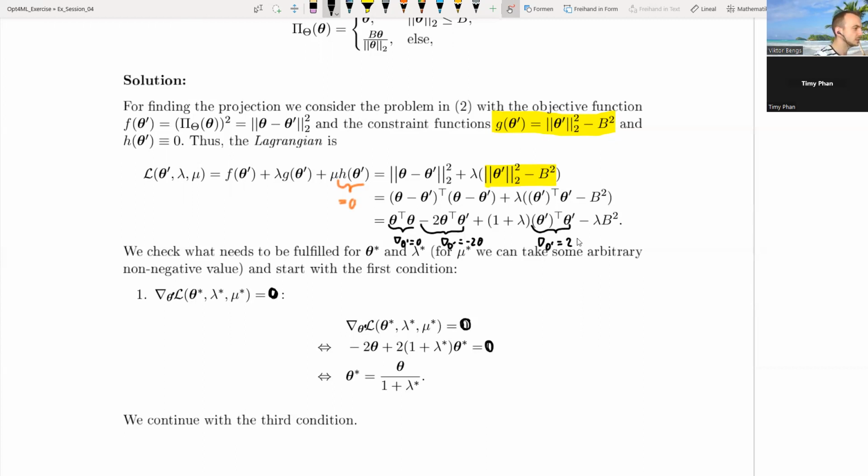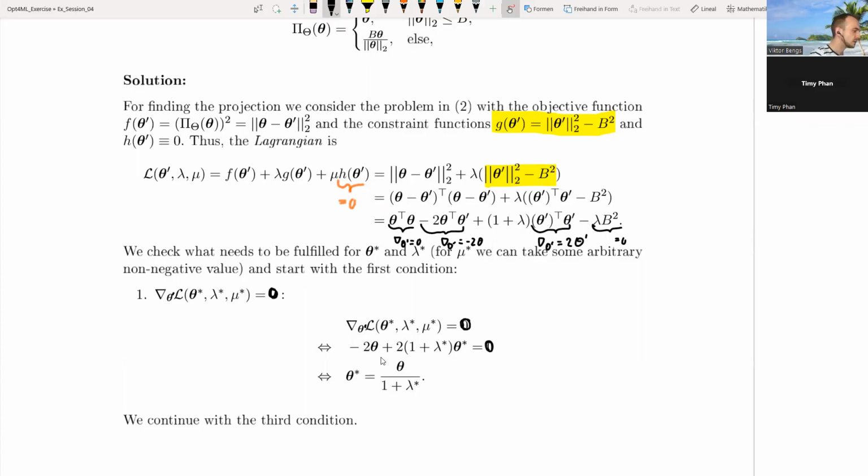This is 2 times theta prime, and this here is also 0. And this is what we get here. So minus 2 times theta plus 2 times 1 plus lambda star, because we have the lambda star plugged in, and for theta prime we plug in the theta star. Now this needs to be 0 by the Karush-Kuhn-Tucker condition.